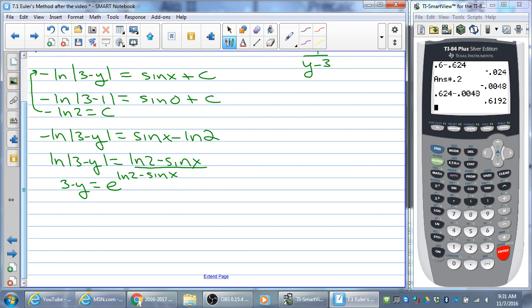And then we have negative y is equal to e to the natural log of 2 minus sine of x minus 3. And I divide by negative 1, so that's 3 minus e to the natural log of 2 minus sine of x.